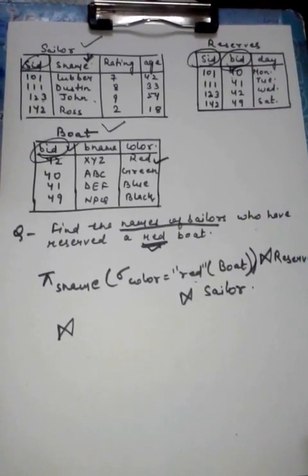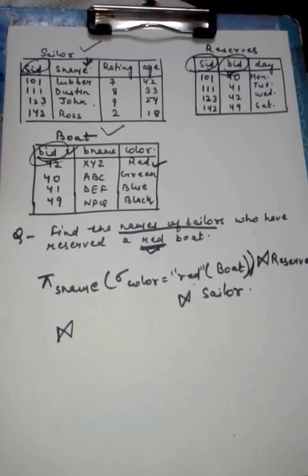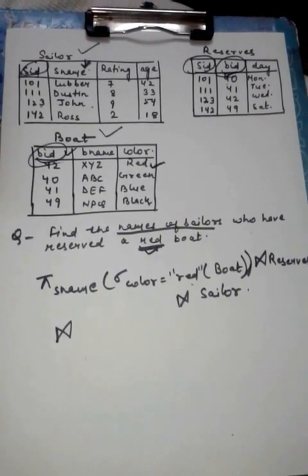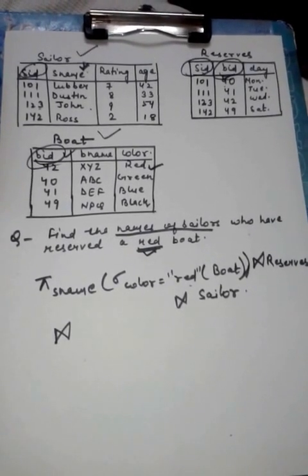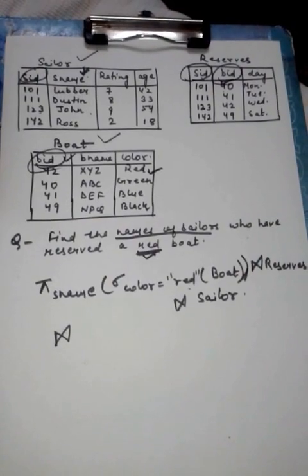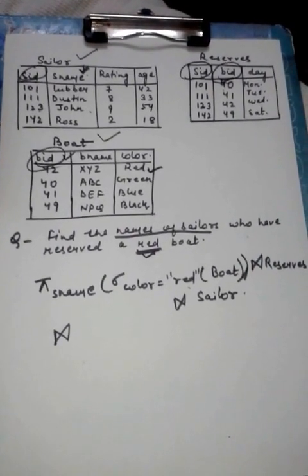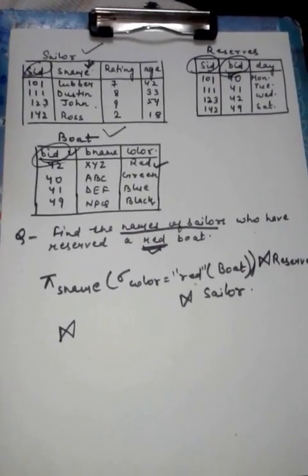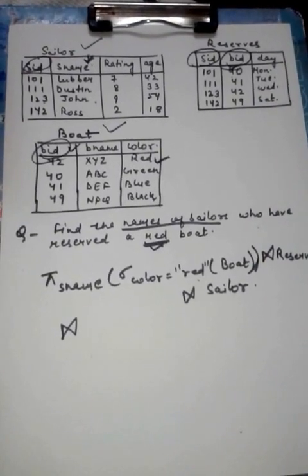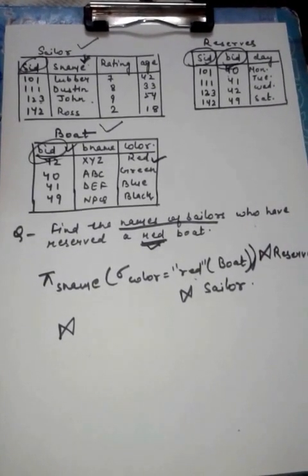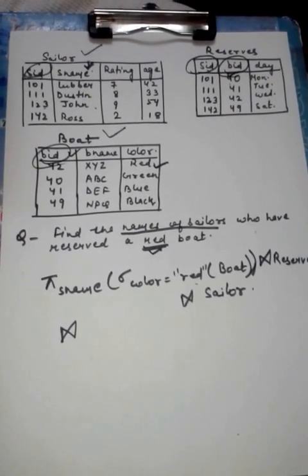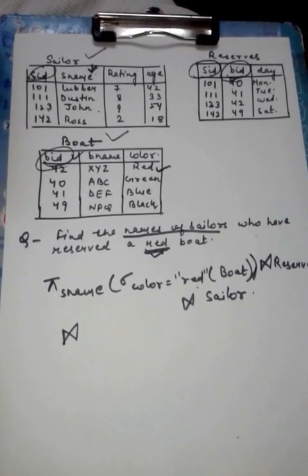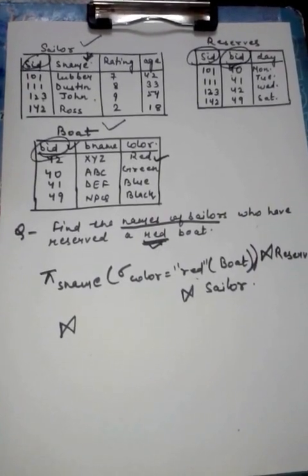It forms a Cartesian product of its two arguments, performs a selection forcing equality on those attributes that appear in both relations, and finally removes the duplicate columns. The best part of the natural join is that the result is guaranteed not to have two fields with the same name. So this is the natural join operation.